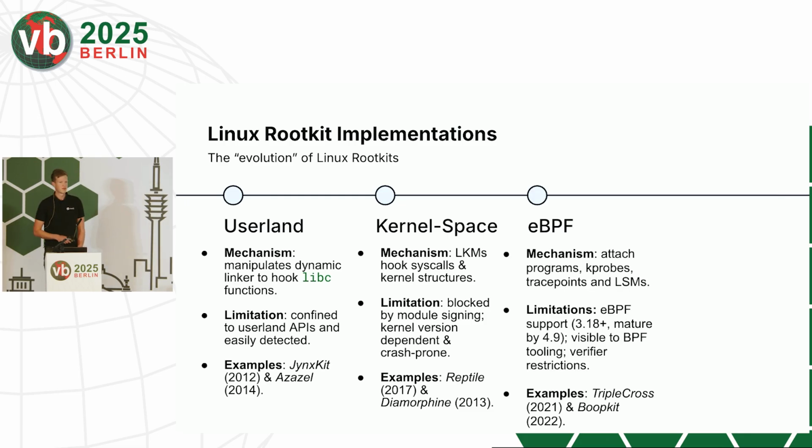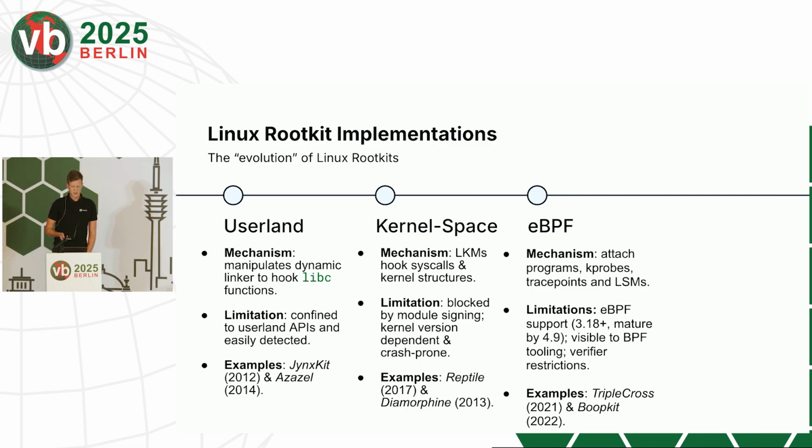Next, we have eBPF. This we have mostly seen from researchers. We don't really know of any in-the-wild use of eBPF-based rootkits. But these eBPF-based rootkits basically leverage the in-kernel eBPF virtual machine, which allows small verified programs to run in kernel context without the program actually being in the kernel itself.